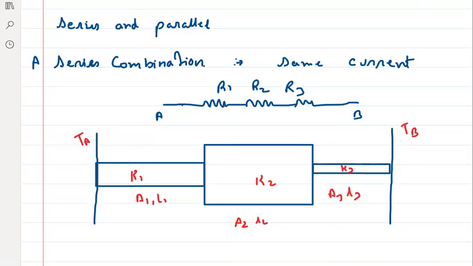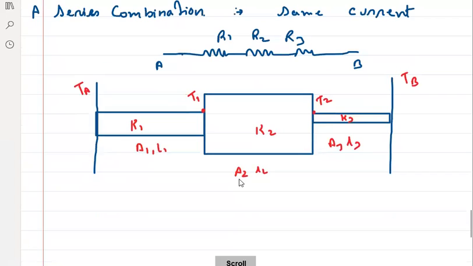Yes, very good, everyone. Now think about what kind of question can be asked. Let's suppose the temperature at this junction is T1 and the temperature at this junction is T2. So what can be asked? You can ask how to find T1 and T2. Question number one: find I thermal.